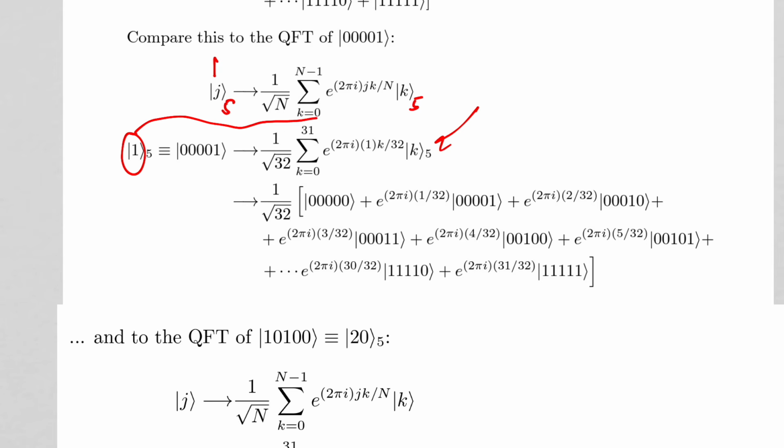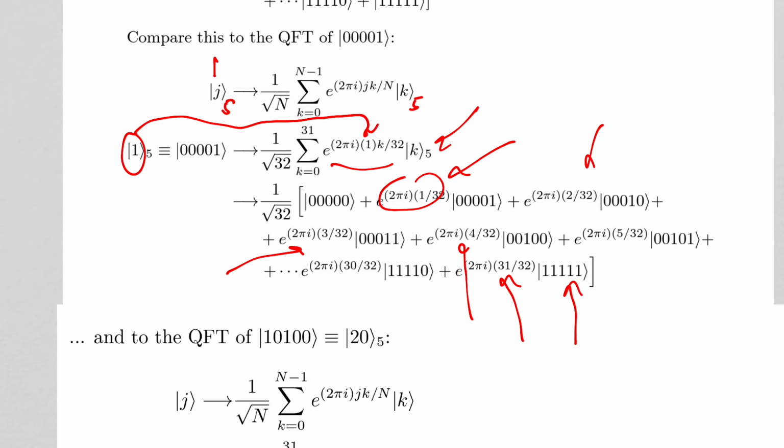That decimal value 1 goes right there. And now the phases do change, and they change by 1/32 for every different basis state until you end up with the last basis state, the 31 basis state, and you get a phase of 31 over 32, which is most of a full rotation. So this is just a little rotation, and this is a little more rotation, and a little more. That one's not too hard to understand either.